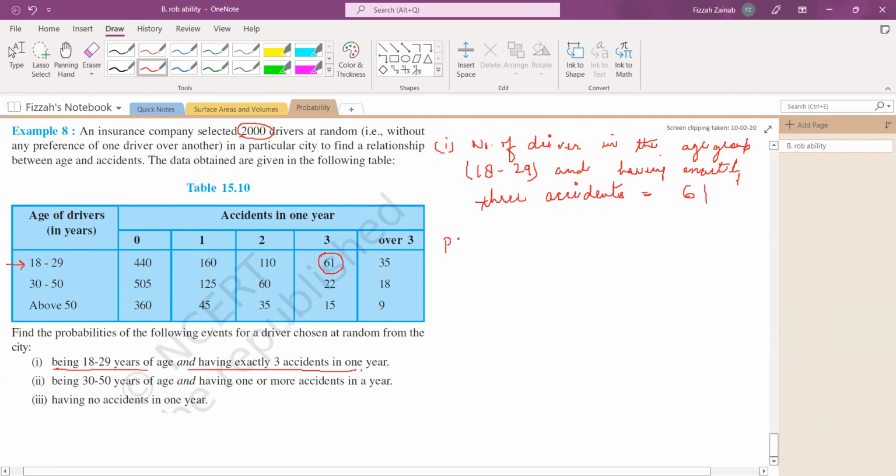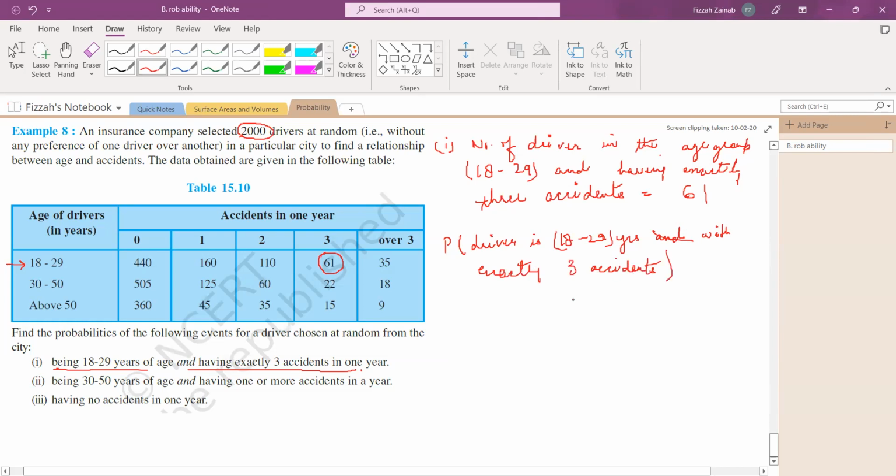So now find the probability. Probability that the driver is in the 18 to 29 years group, and with exactly 3 accidents. So basically this probability we have to find.